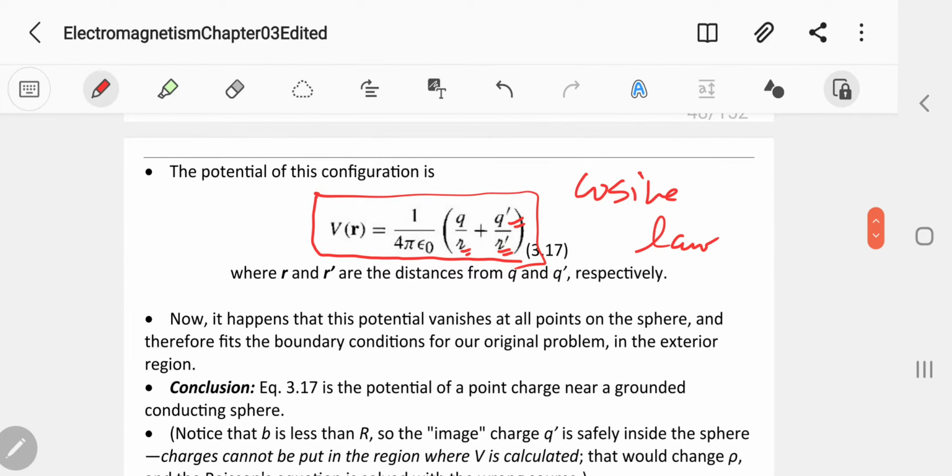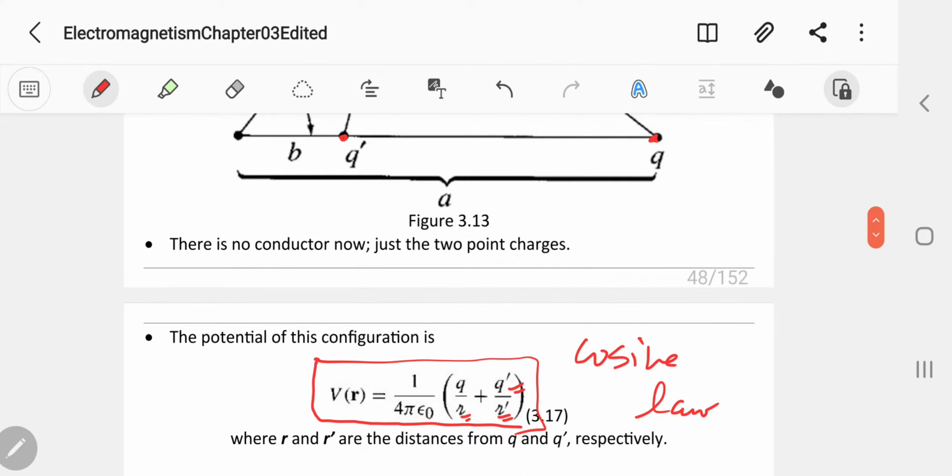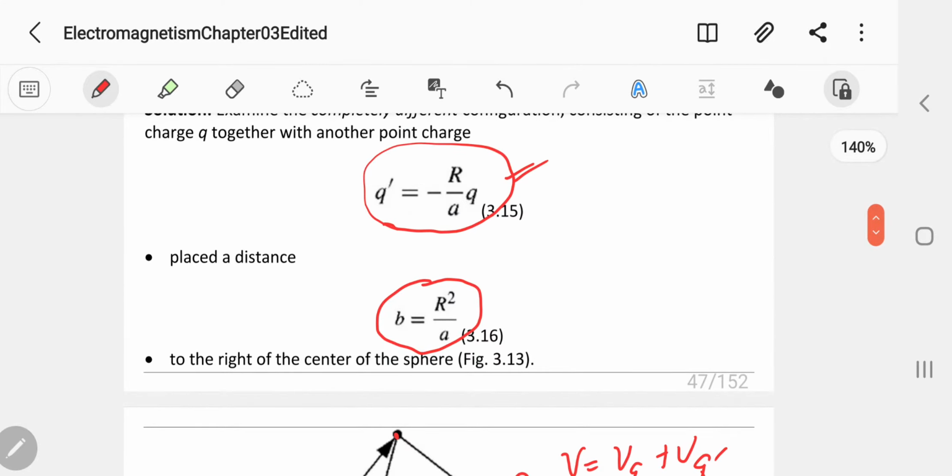No method has quantified the image charge to be this one. Well, maybe they got this by brute force. After a long time, they were able to really find out that the q prime is really equal to Rq over a, and that's a negative charge, of course.